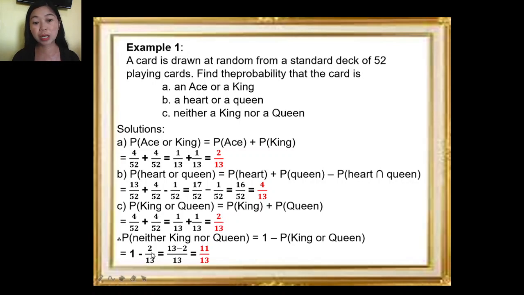So, we have to subtract this 2 over 13 from 1, as stated in the formula that I have presented to you earlier. So, we have 1 minus 2 over 13. Mag-LCD tayo, 13. So, meron tayong 13 minus 2, which is 11 over 13. So, for letter C, the answer is 11 over 13.